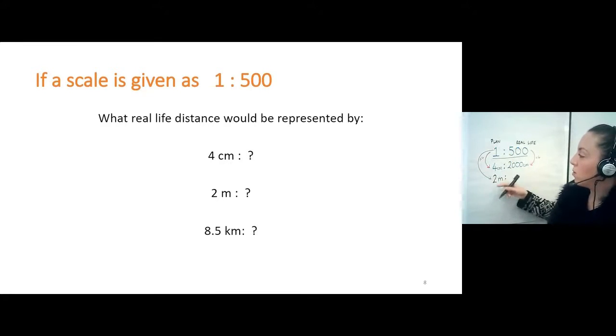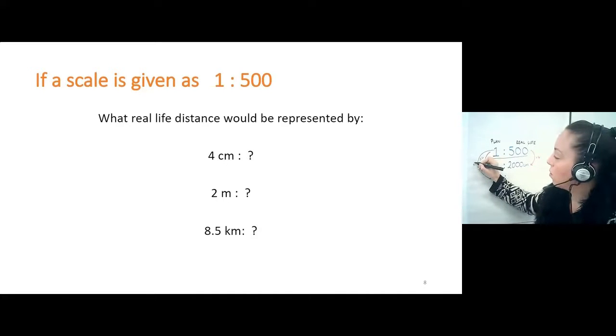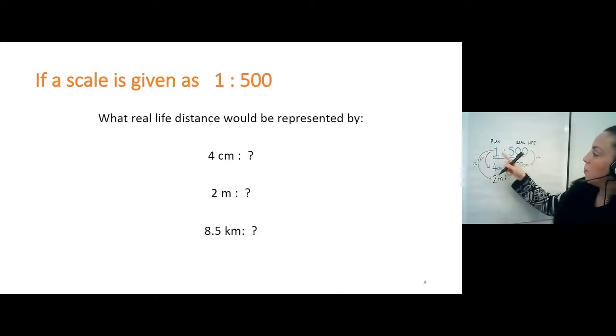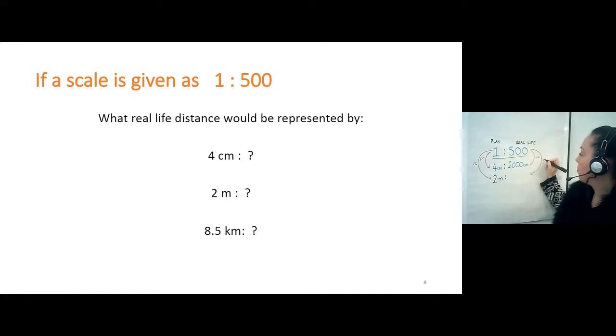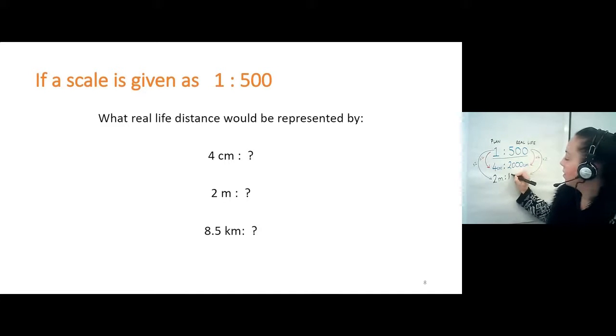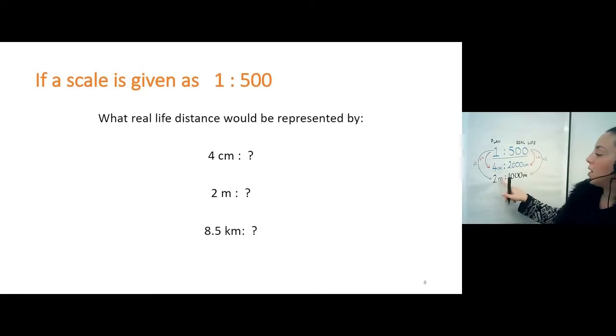We've gone from 1 to 2, so it's increased 2 times as much. So we multiply it by 2. So because we've multiplied this side by 2, we also multiply this side by 2 to give us 1,000 metres. And it's metres because the plan was given in metres.